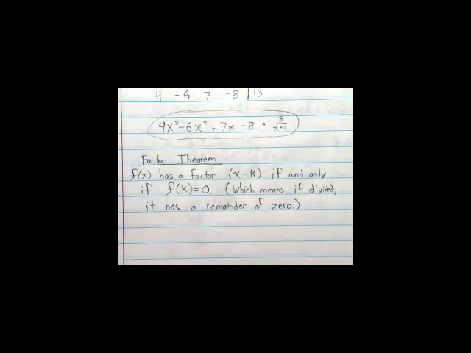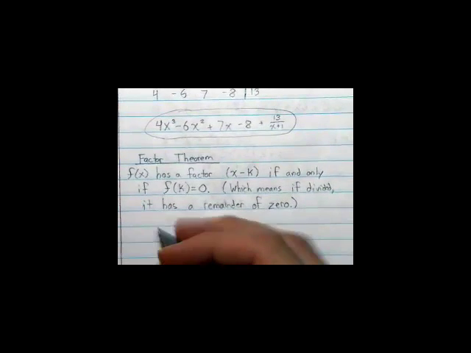And this is something we're going to go back to a lot, because a lot of what we're going to be looking at is checking to see, do we have zeros or not? I got this thing, I think it's a 0. I got this thing, I think it's a factor, and I want to try and work my way through it and use some synthetic division again and again and again to check a bunch of them. Okay, so there's this key connection here that if you have a factor, you have a 0.